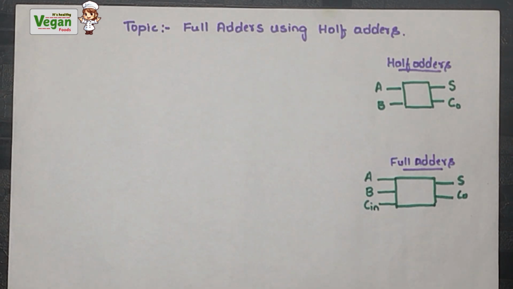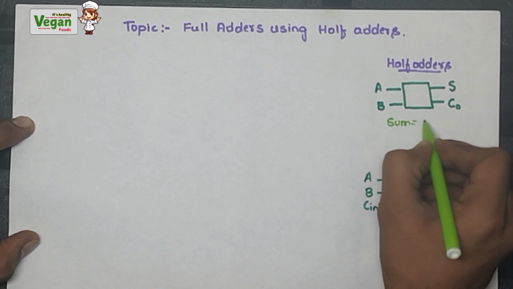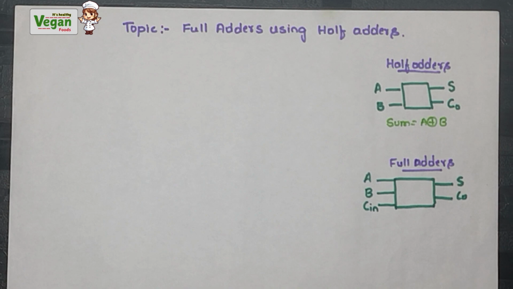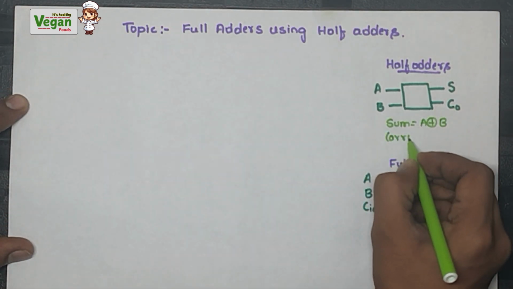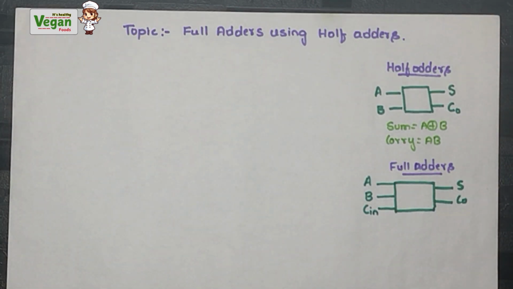Now let's discuss the formulas of sum and carry for both half adders and full adders. The sum of a half adder is A XOR B. Next, for carry it is A into B, you just multiply the two inputs.